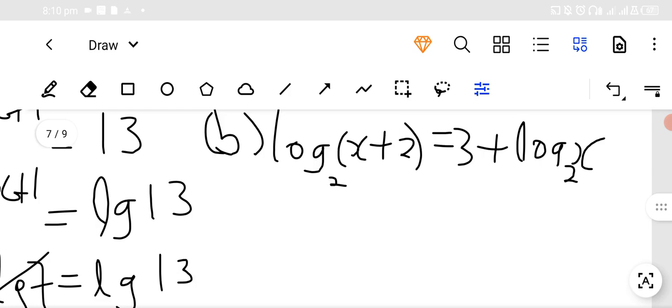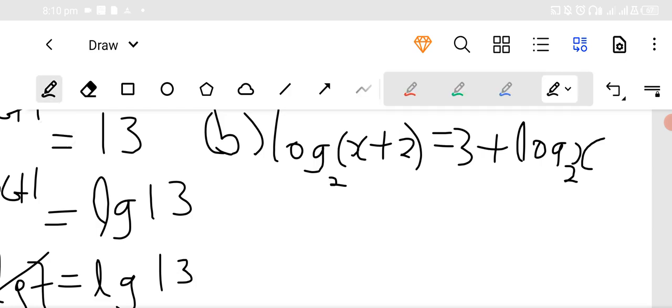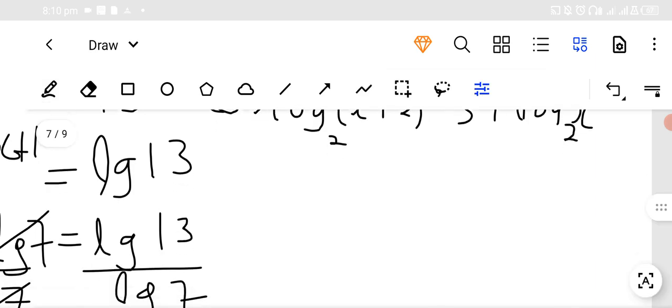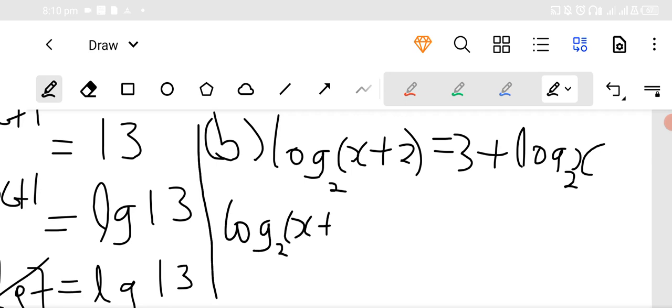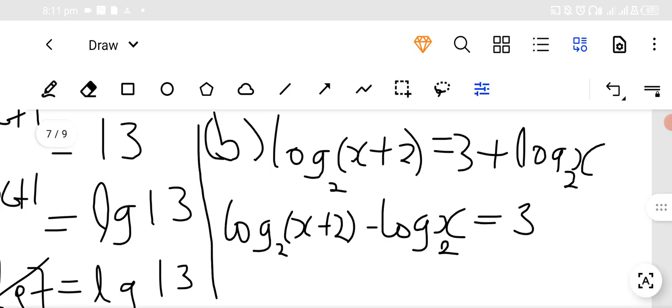What we're going to do is group like terms together. Maybe we can even draw a line here. We're going to say log base 2 of x plus 2 minus log base 2 of x is equal to 3.